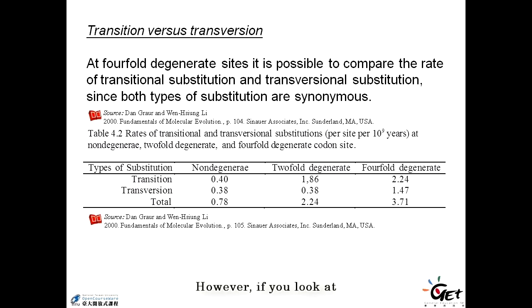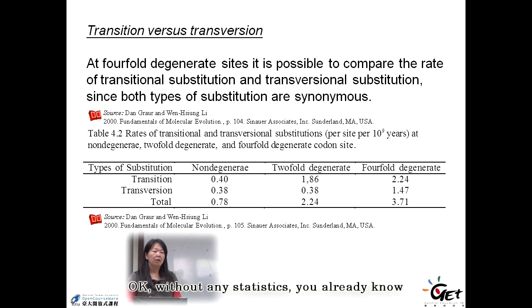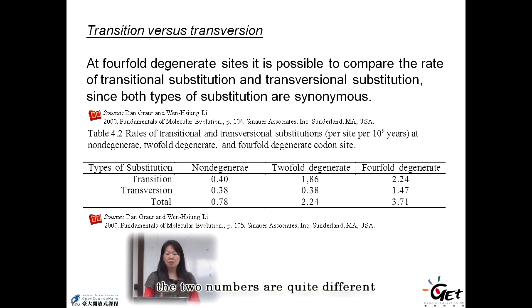However, if you look at the 2-4 degenerate site, you see dramatic differences. At the transition, we observe 1.86. Then the transversion rate is only 0.38. Without any statistics, you already know the two numbers are quite different from the number we observe at the non-degenerate site.